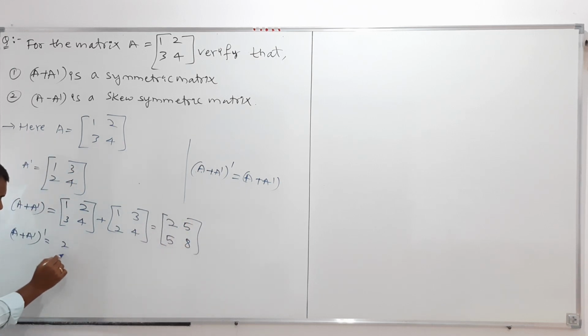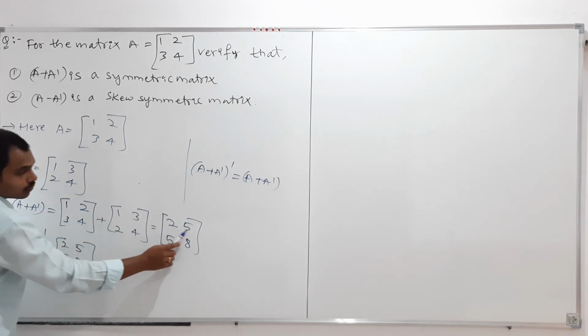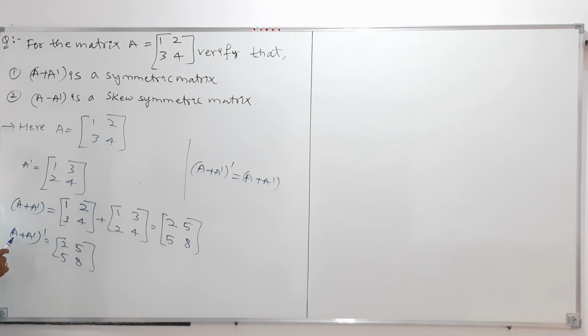That is 2 5 5 8. Clear? So A plus A transpose is 2 5 5 8, and even if I consider A plus A transpose whole transpose, again I am getting 2 5 5 8. These two matrices are equal. Therefore, A plus A transpose whole transpose is the same as A plus A transpose.